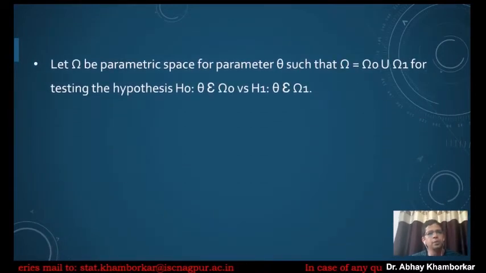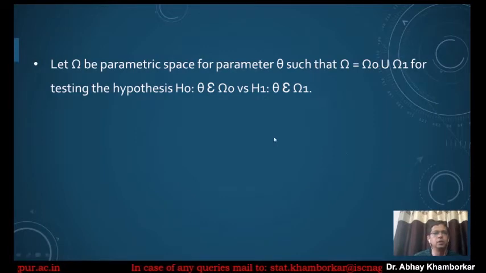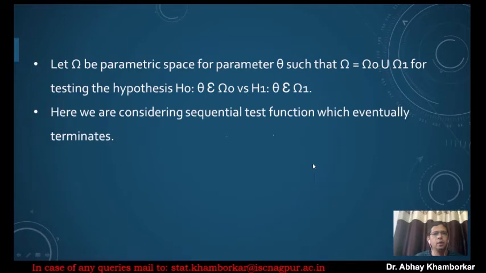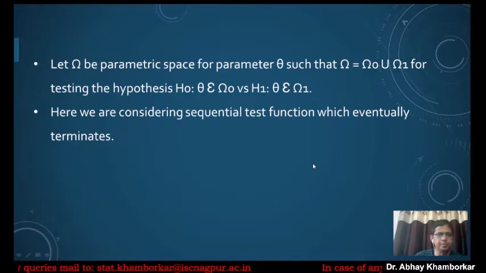Let omega be the parametric space of the parameter theta such that omega is equal to omega naught union omega 1, for testing the hypothesis H naught: theta belongs to omega naught, against H1: theta belongs to omega 1, which is the alternative hypothesis. Here we are considering a sequential test function which eventually terminates.